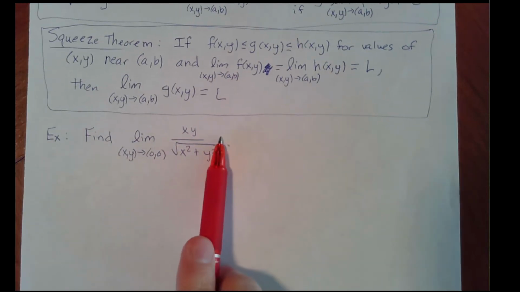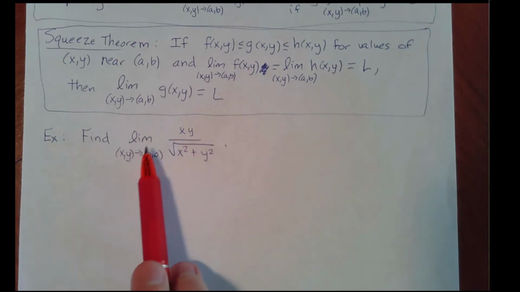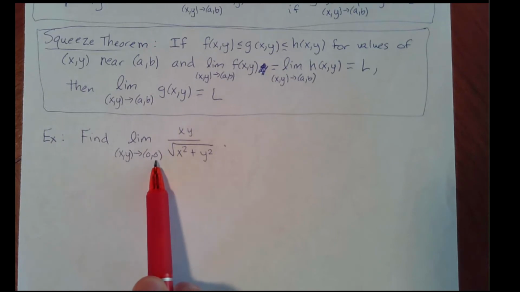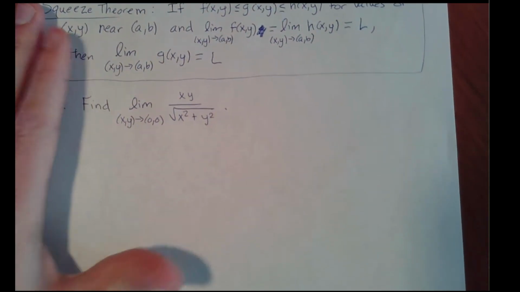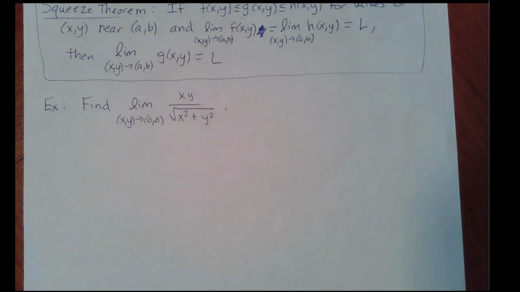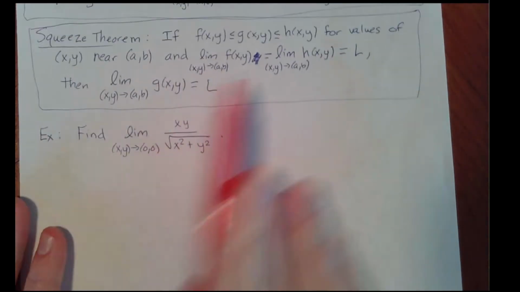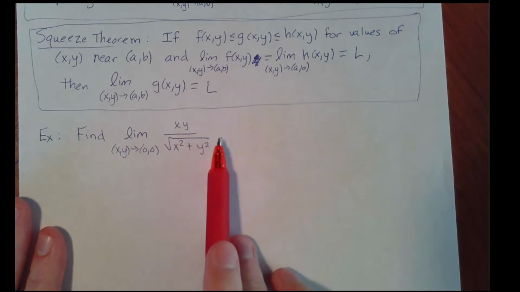So we might suspect this limit is equal to 0, because if we approach this point from various different directions, we keep getting 0. However, that does not prove it, remember. To prove it, we'd have to show it for all infinitely many paths. So we're going to prove that this limit is equal to 0 using the squeeze theorem.